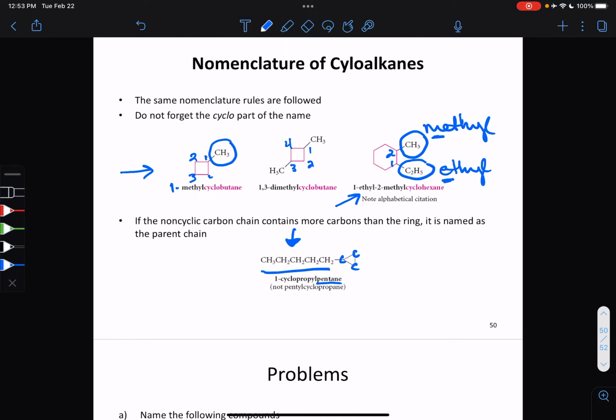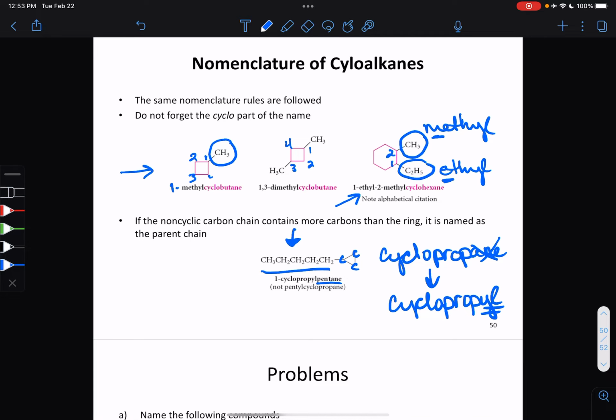It's a cyclopropane. Because the cyclic structure is considered a branch, we need to take the ane off the end and add YL. So cyclopropane becomes cyclopropyl with a YL on the end, just like methane became methyl and ethane became ethyl.